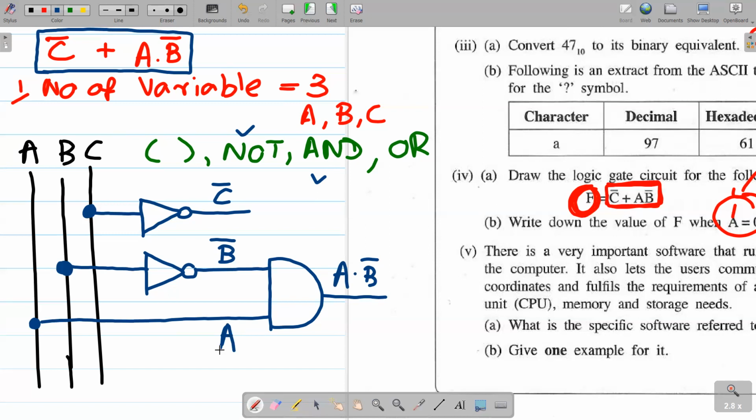And to create the final answer, which is C bar plus A dot B bar, we have A dot B bar over here and C bar over here. So to complete the drawing, it's the OR gate that we need to draw. So this gives you the F. Right? So it's easy. C bar plus A dot B bar. This is how it's going to be drawn.